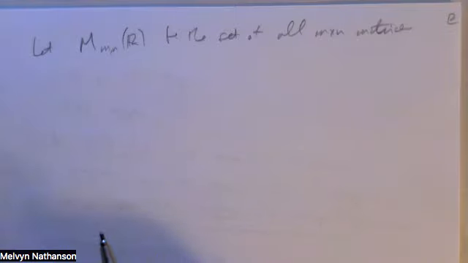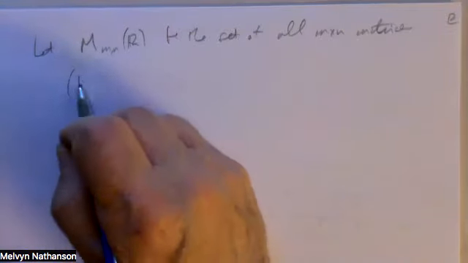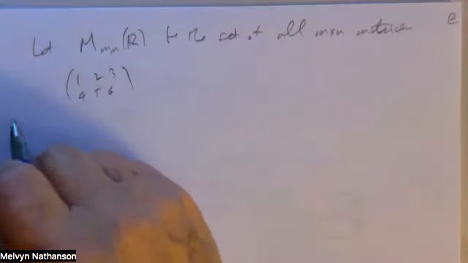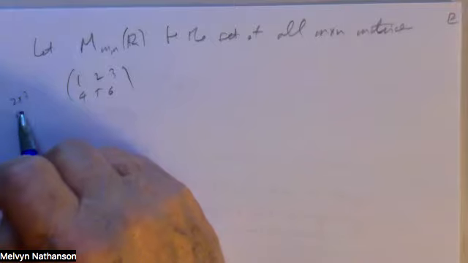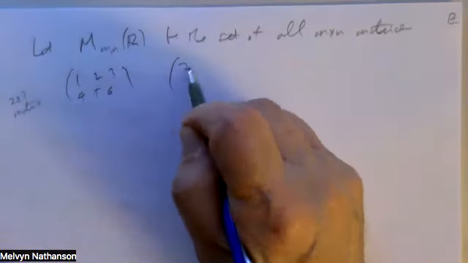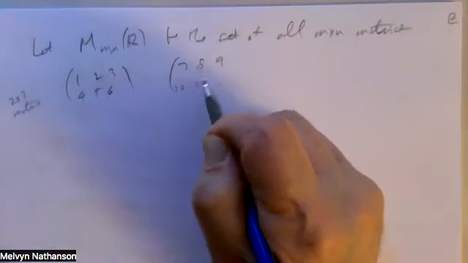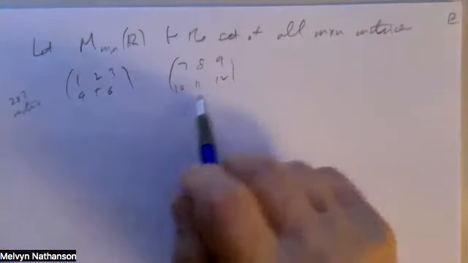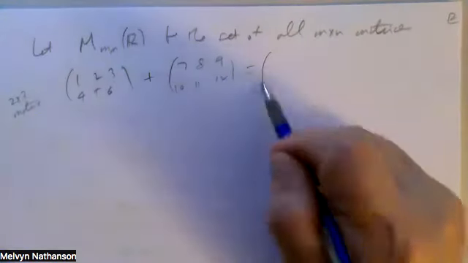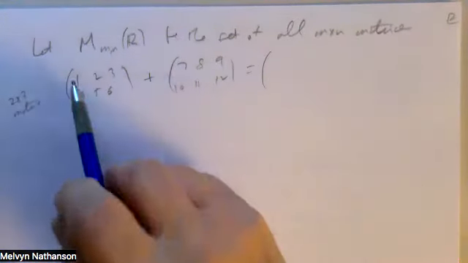You can't add matrices that have different numbers of rows and columns. But let's look at an example, 1, 2, 3, 4, 5, 6. This is a 2 by 3 matrix. And I take, I don't know, 7, 8, 9, 10, 11, 12. It's another 2 by 3 matrix. You can add them, and you add them by just adding coordinate-wise.